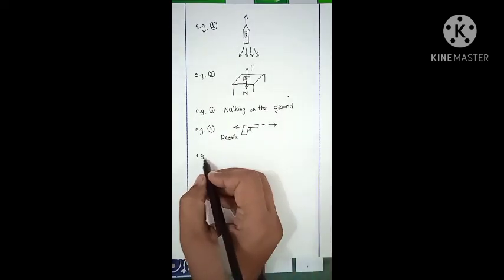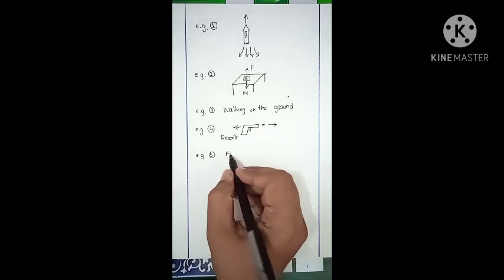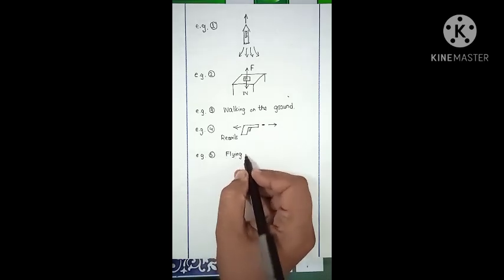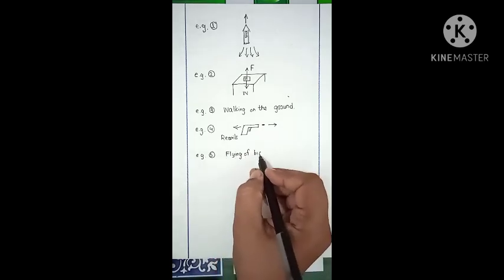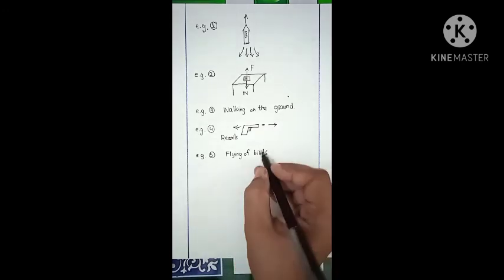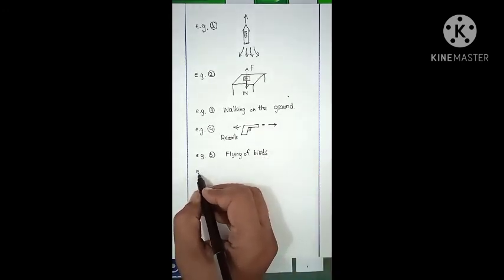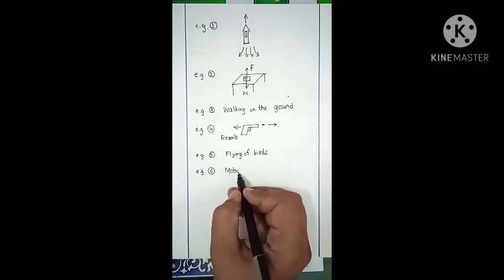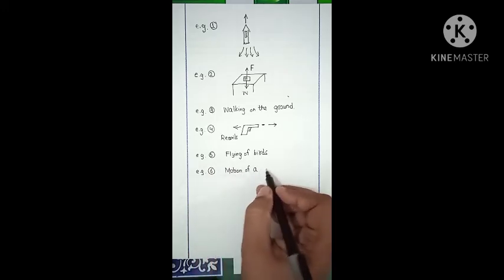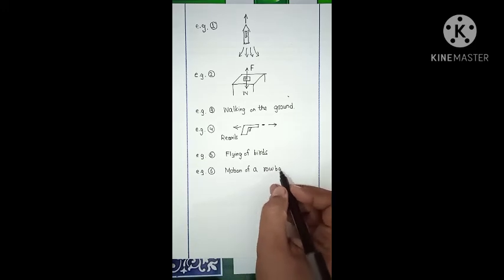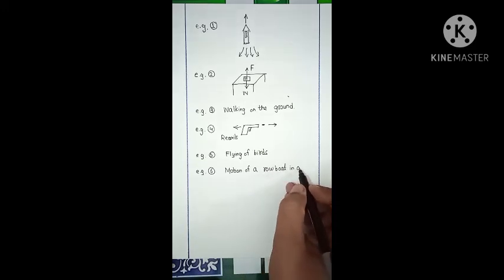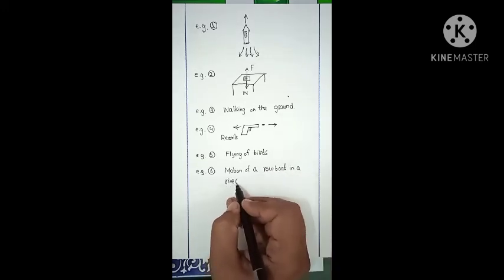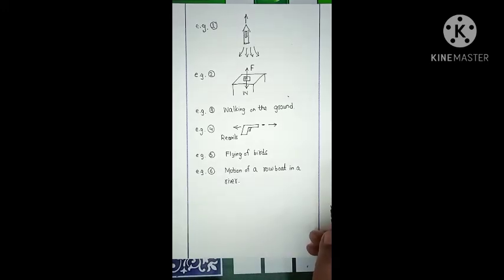Flying of birds is also an example of Newton's third law. So, dear students, the motion of a boat in a river or a canal is also an example of Newton's third law.